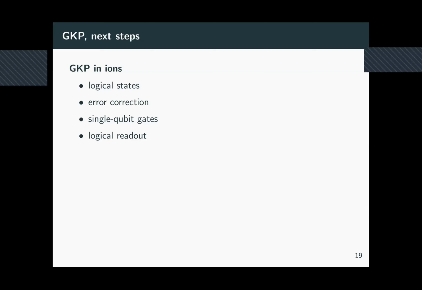So to recap, from this work and also previous work from people in my group, we've shown that we can prepare GKP logical states through error correction. Krista, whom I didn't mention, also showed that we can do single qubit gates on the GKP states, and logical readout is quite straightforward from these spin-dependent displacements.